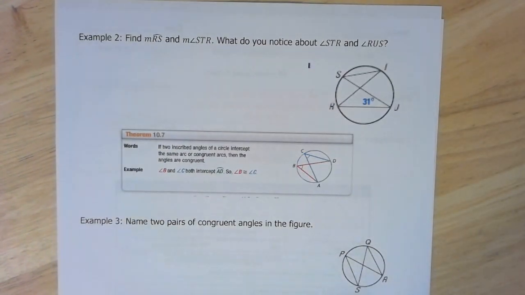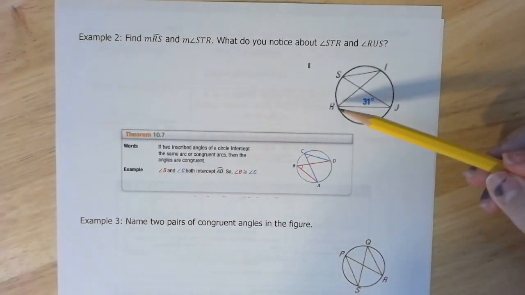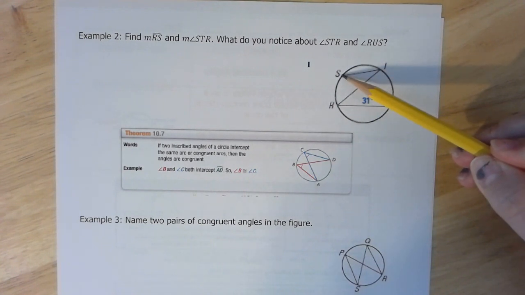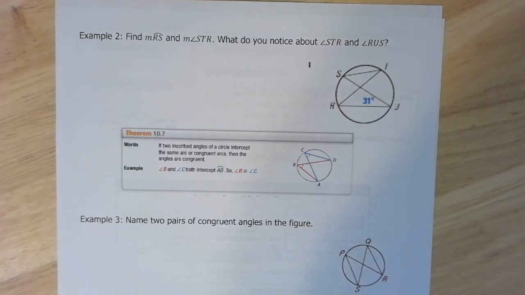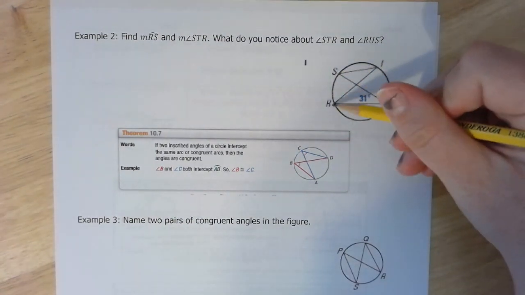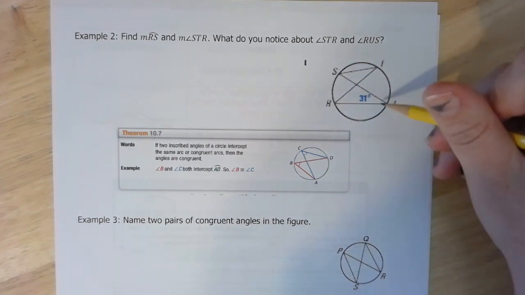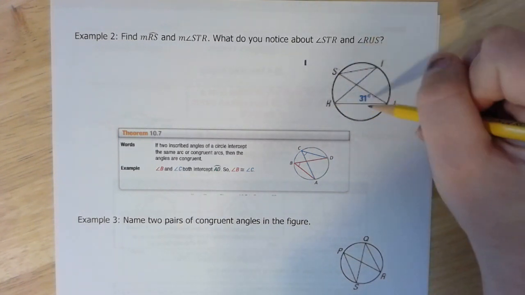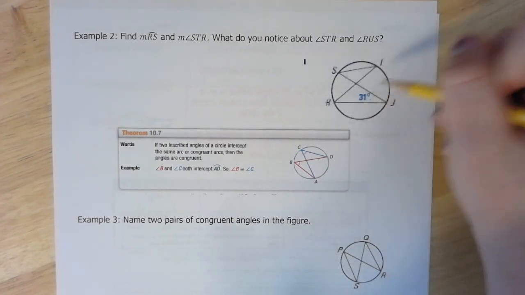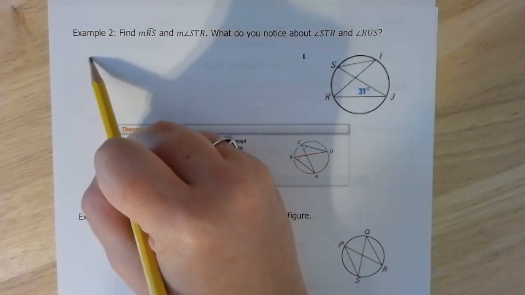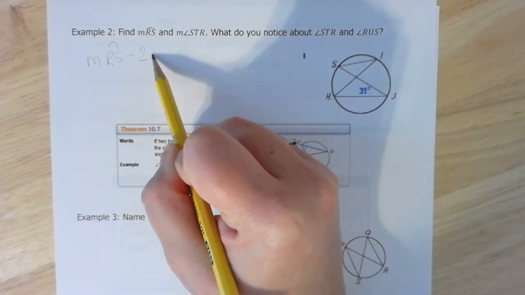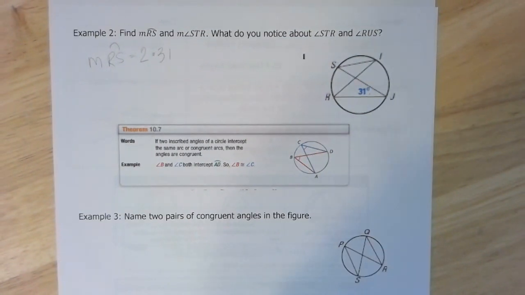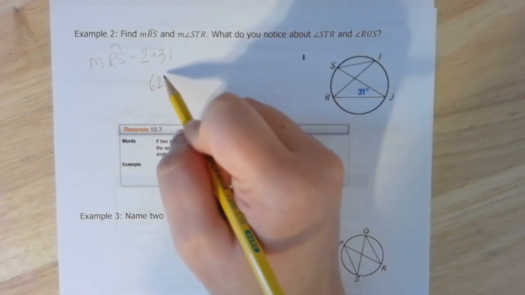All right, example 2. It says find the measure of arc RS and the measure of angle STR. Okay, just following what we learned in our last example, find the inscribed angle. The inscribed angle is right here, it's 31. And what do we do to that 31? For the measure of arc RS, you double 31. Okay, arc RS would be 62 degrees.